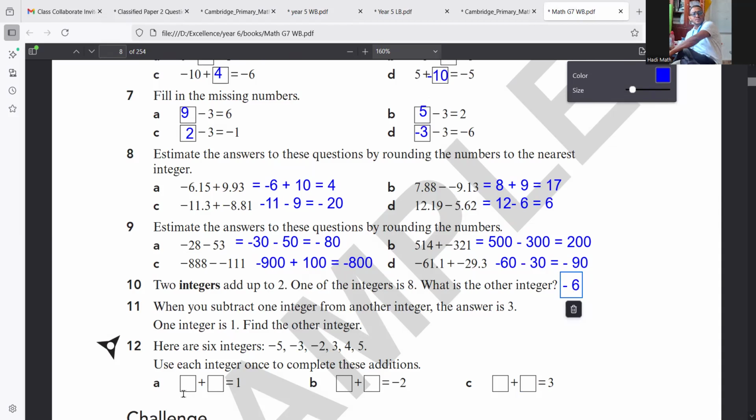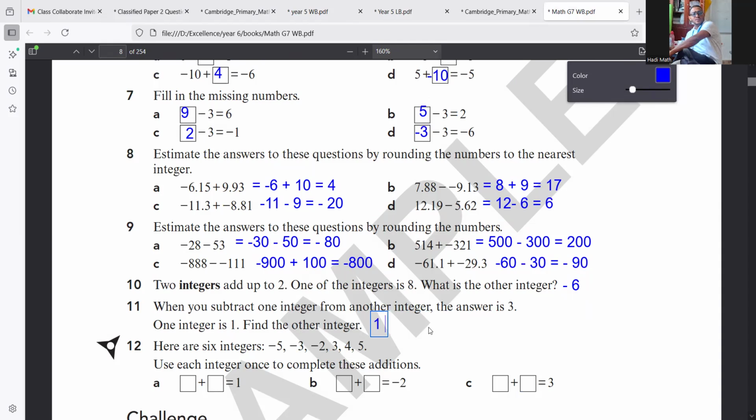Question number 11. When you subtract one integer from another integer, the answer is 3. One integer is 1. Find the other one. You need to understand you are subtracting 1.